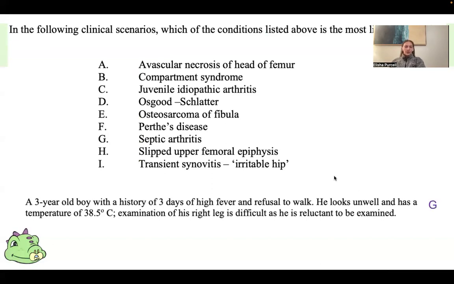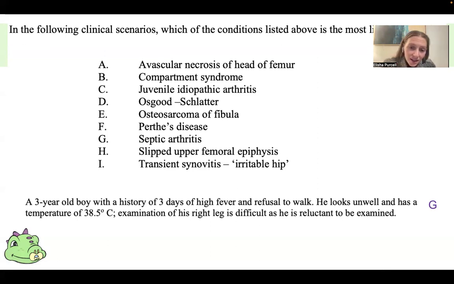So this one's septic arthritis, so option G. Key things pointing to septic arthritis is that this 3-year-old boy has a high fever, 38.5 degrees, and he looks unwell. So those two things to me are like, okay, septic arthritis. Just having a look at the other options that other people may have chosen.